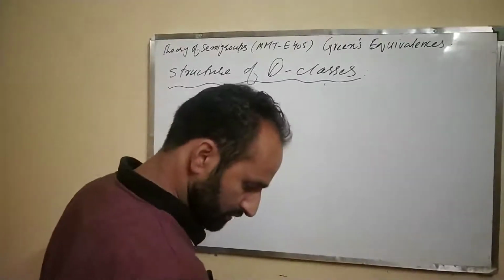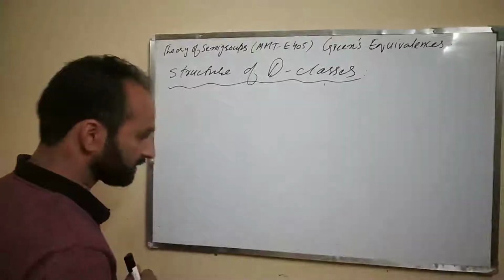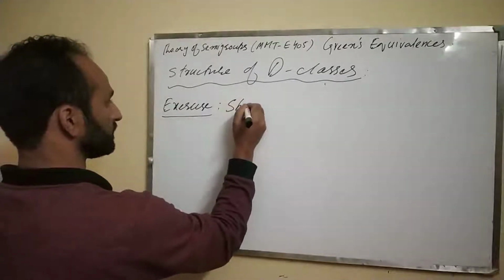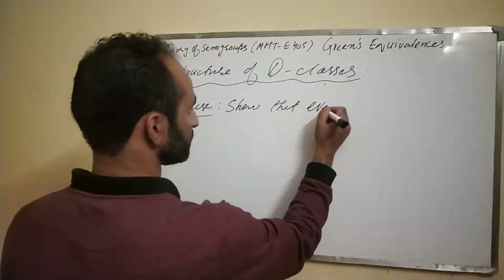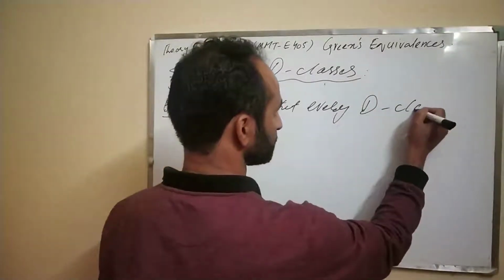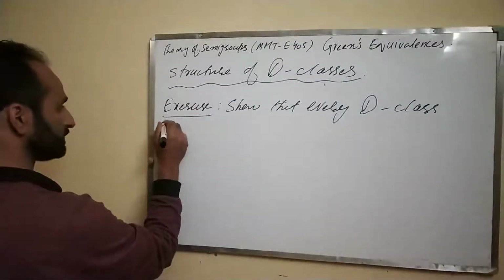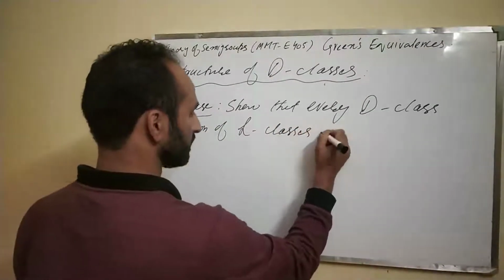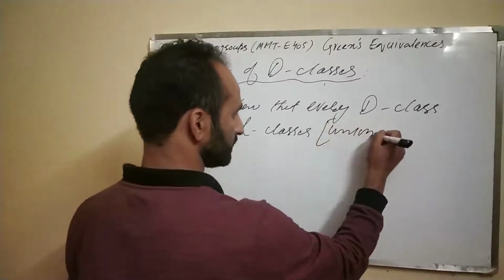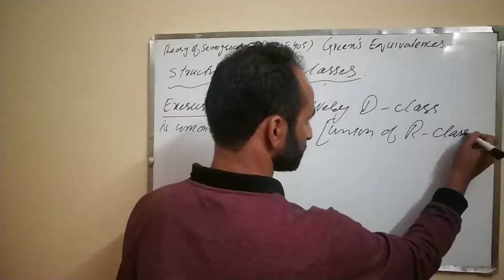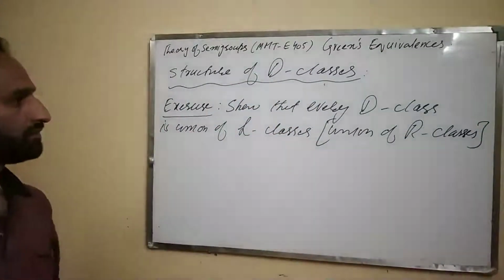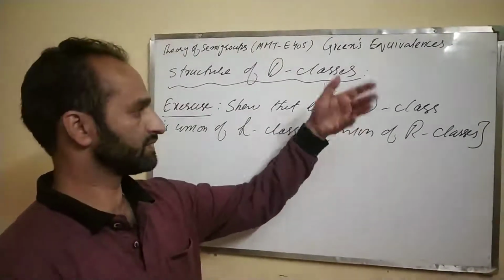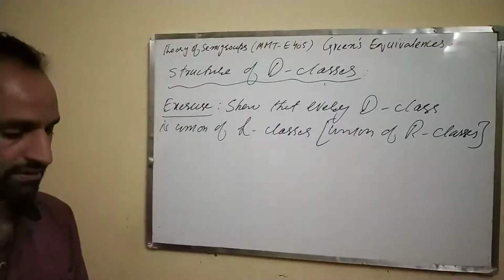Let's first prove that every D class is a union of L classes, or it's also a union of R classes. Show that every D class, the equivalence class generated by D of every element, is actually a union of L classes.